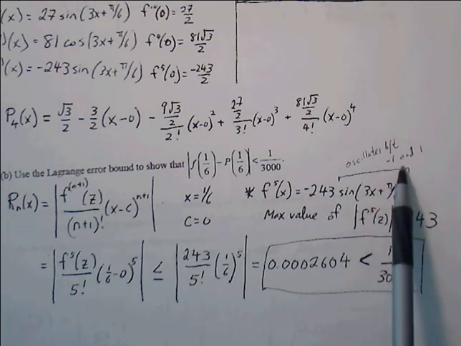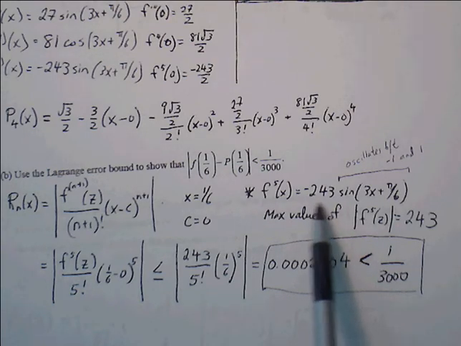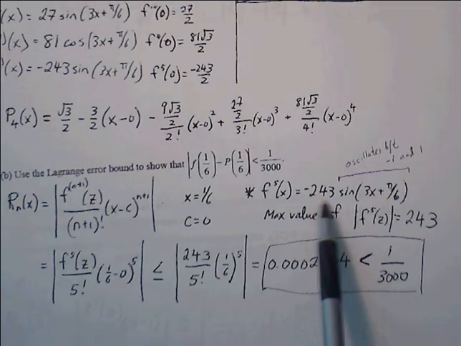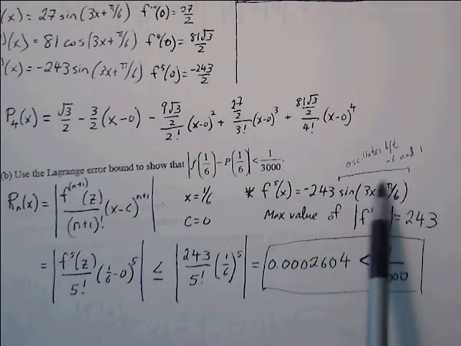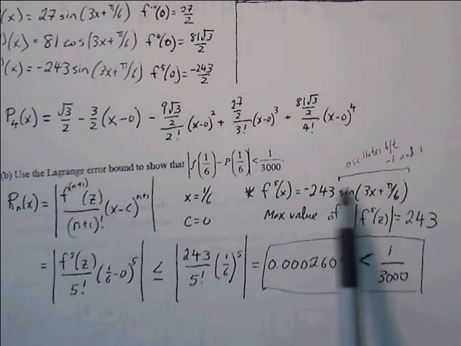So because it oscillates between negative 1 and 1 and back and forth, this negative 243 can't get any larger than this. The most that it can do is it will be less than 243, because you're multiplying by fractional values less than 1. But as soon as it hits 1, that will be the maximum value.